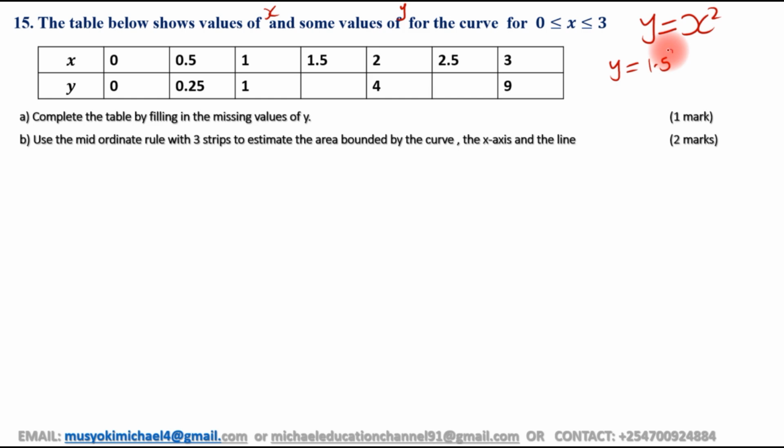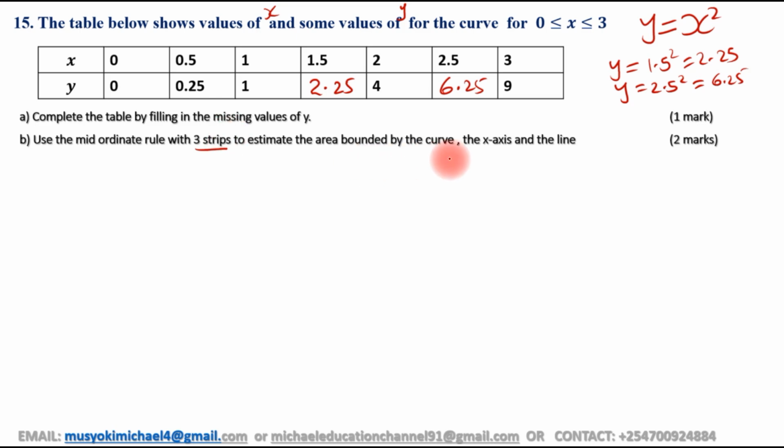When x is 1.5, y will be 1.5 squared, which is 2.25. And the other missing part, when x is 2.5, y is 2.5 squared. Substituting into the equation, we get 6.25.